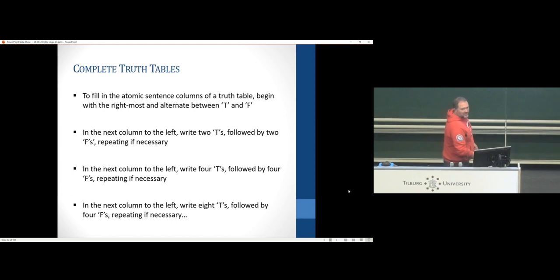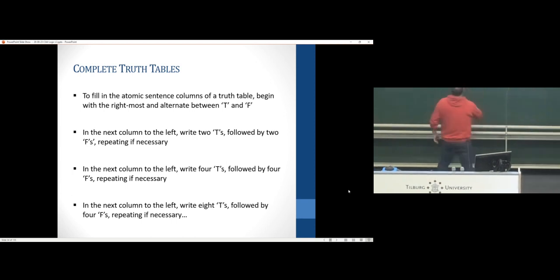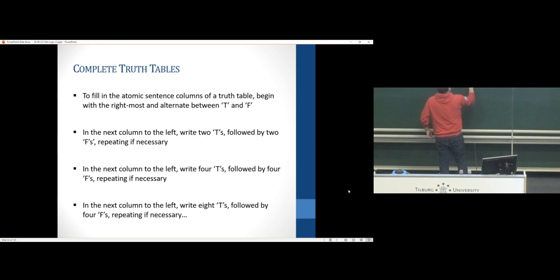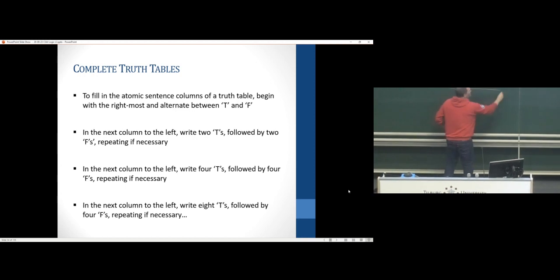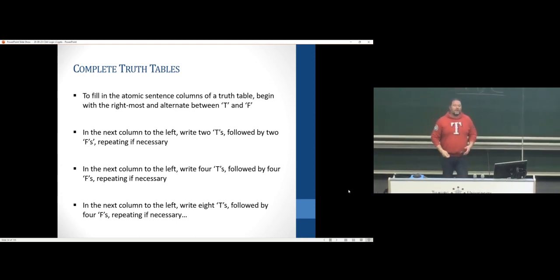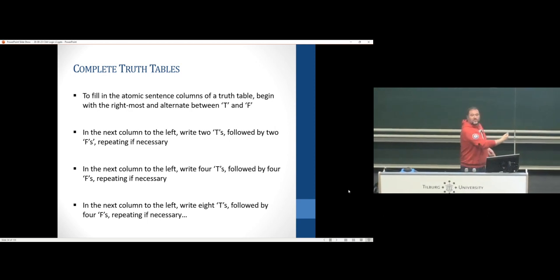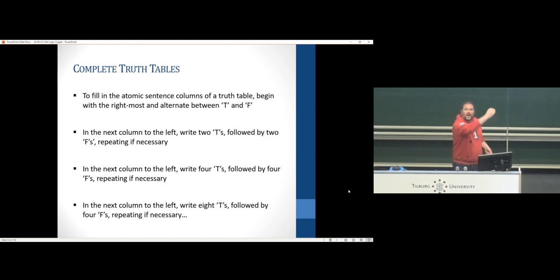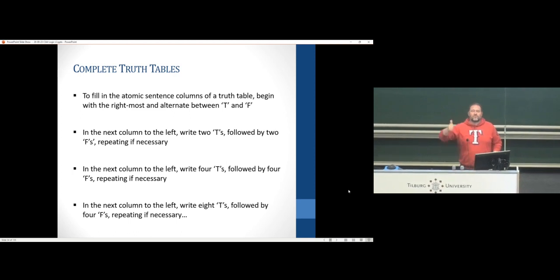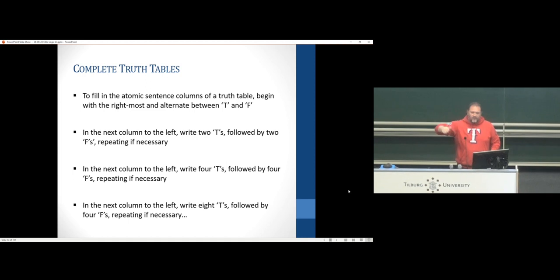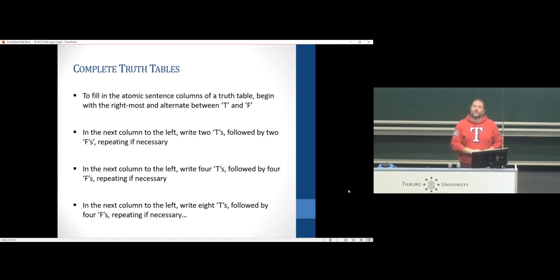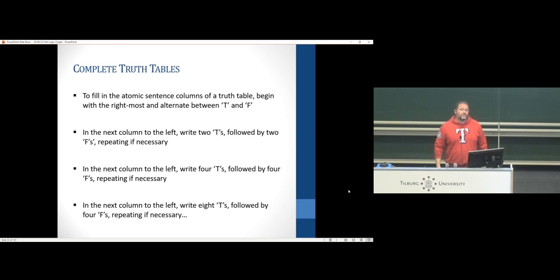Let's say we've got a sentence with 3. So you pull out A, B, and C as your atoms. Then what we can do is you start with the one closest to your sentence. And you fill underneath it, alternating true and false. T, F, T, F, T, F, T, F. Right? However many times you need.